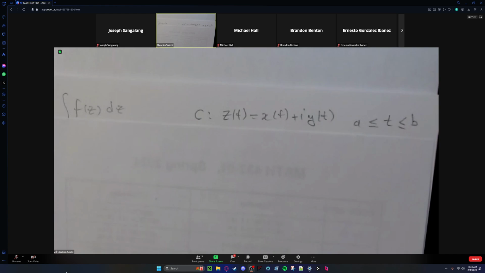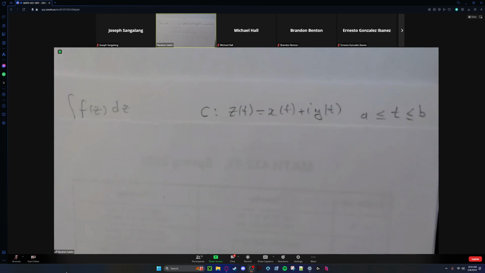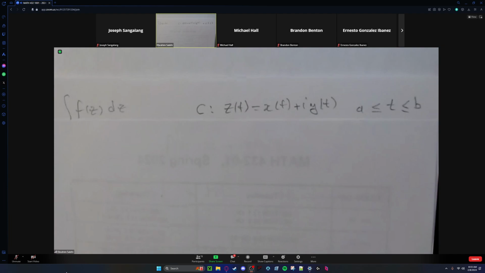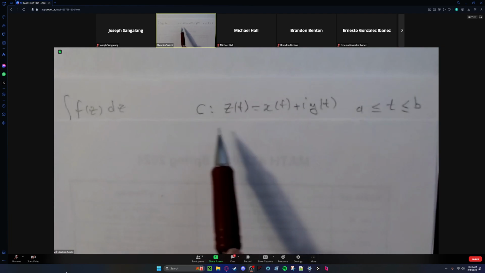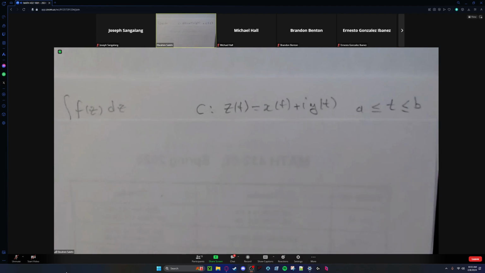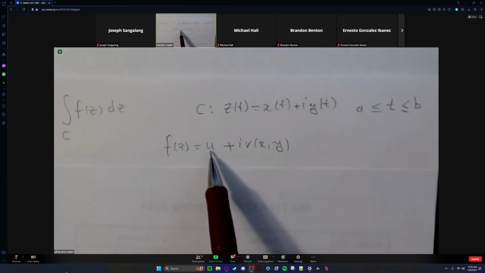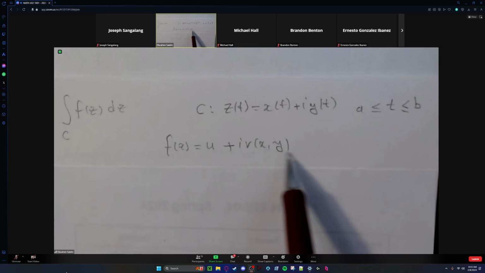Of course, the equation of the curve either is given or you are supposed to find that curve. And whenever we talk about a curve, we need its parameterization, of course. So the function here has a real part plus i imaginary part.